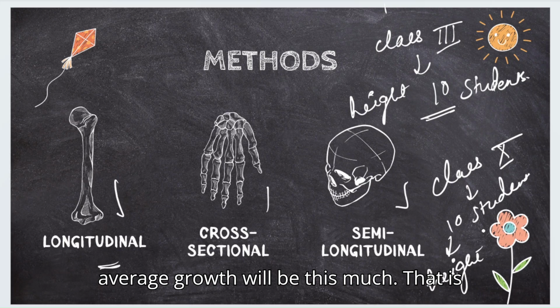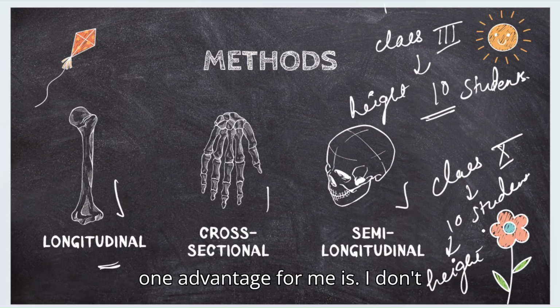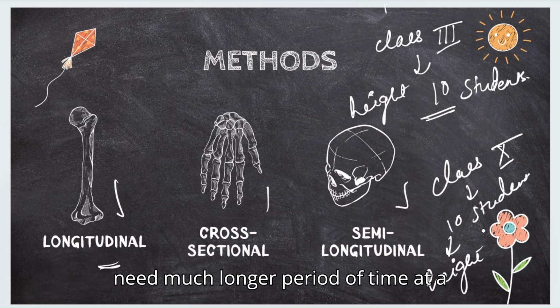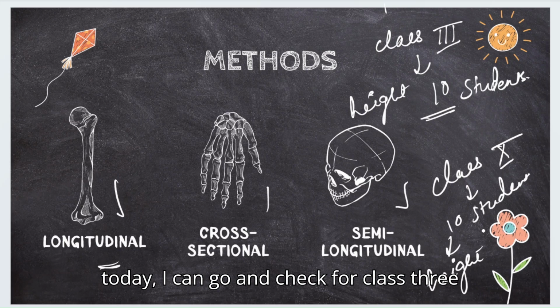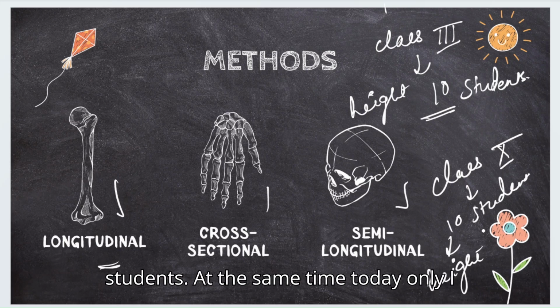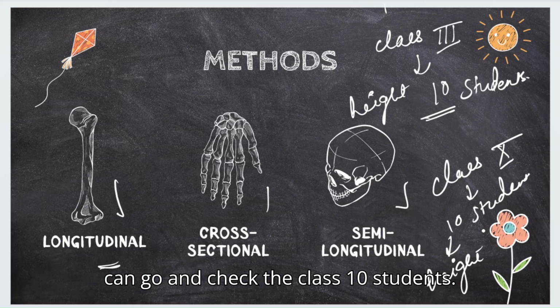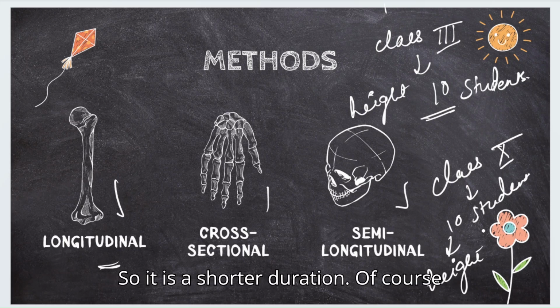That is one advantage for me: I don't need a much longer period of time. If I am going today, I can check the class 3 students, and today only I can go and check the class 10 students. So it is of shorter duration.